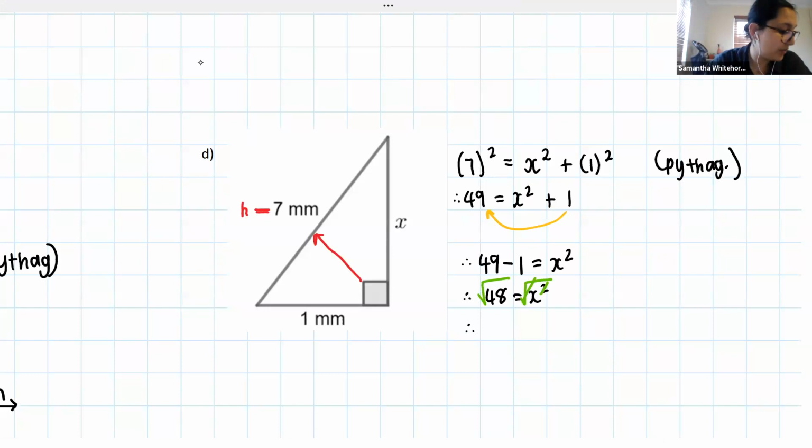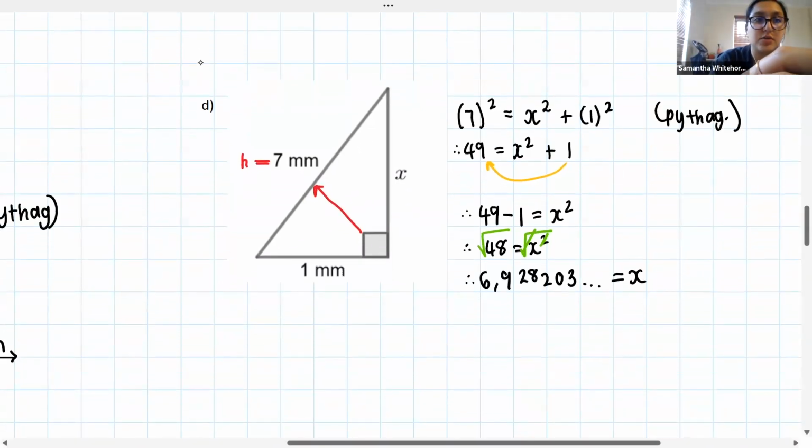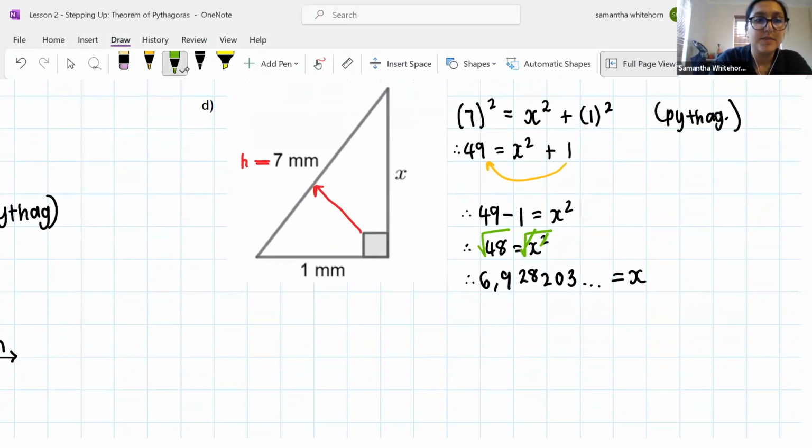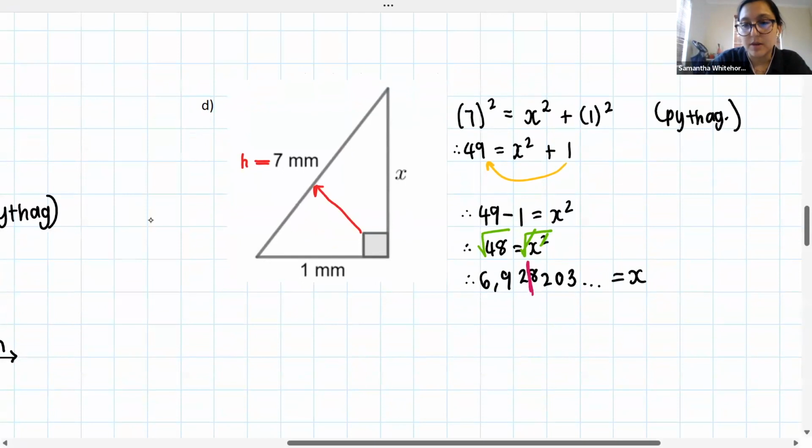And when you square root 48, you get 6.928203, and there's a whole long decimal. Now I'm putting this there just to remind you that if you are asked to round off to 2 decimal places, you want your answer to stop 2 numbers after the comma.